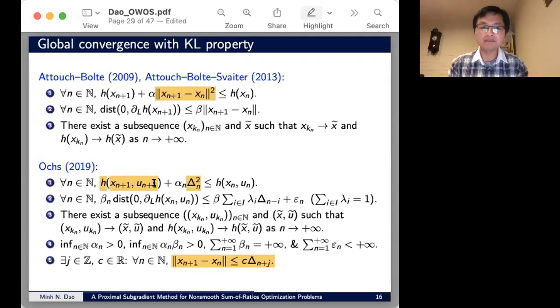Then we should have the second sequence un, and normally un equals xn.